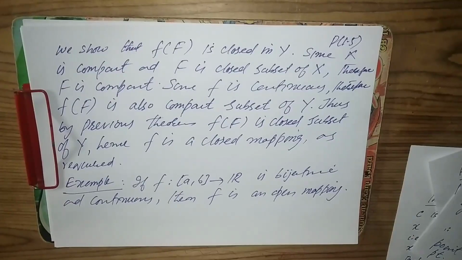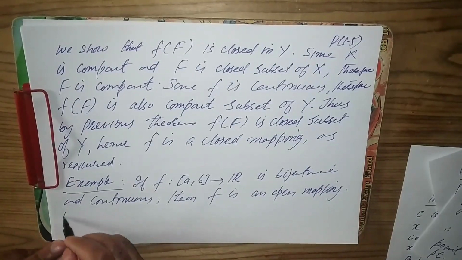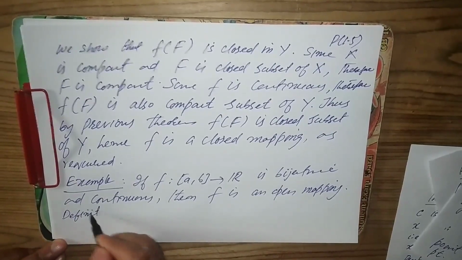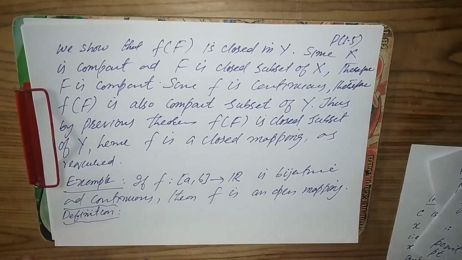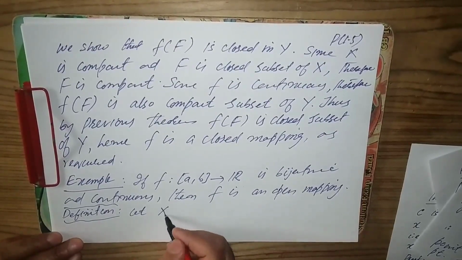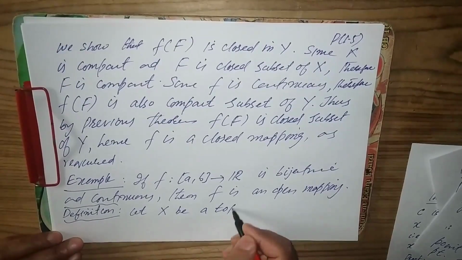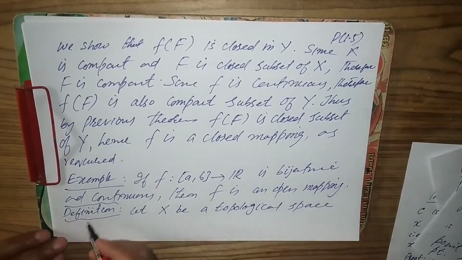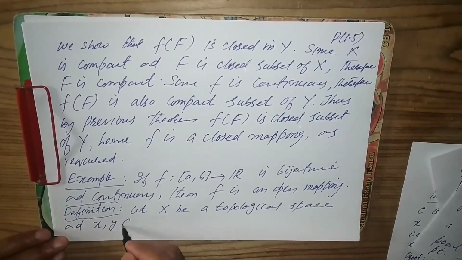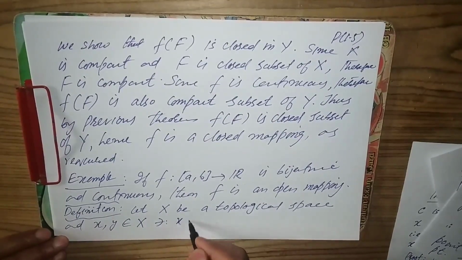Now next we define when two points are separated by some map. So the next definition: let X be a topological space, and x and y are points of X such that x is not equal to y.